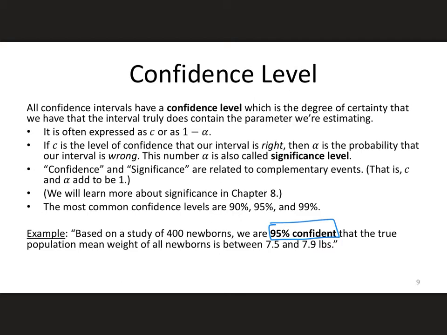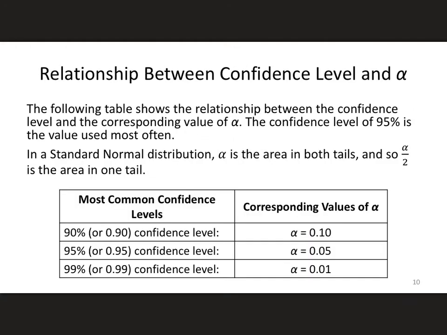Notice that we have that 95% confident in that interpretation. So we're stating that confidence level so that whoever may be reading this also knows how confident we are. So again, just that relationship between the confidence level and alpha.